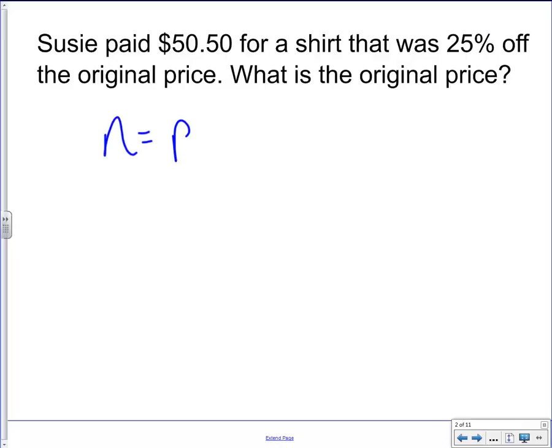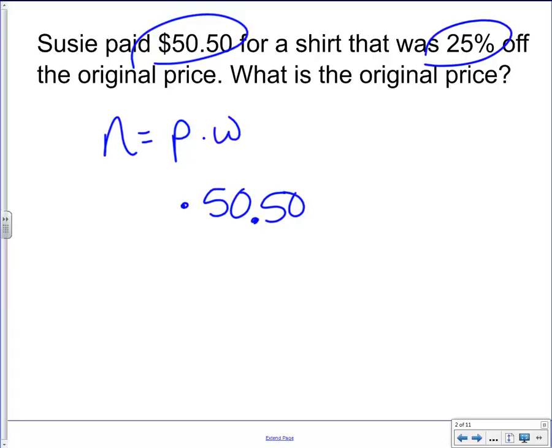N is equal to percent times whole. For this one, what we paid is still my whole, so we're going to plug that in as $50.50. My percent is given to me. I have to change it from 25% to a decimal by moving the decimal place 2 places to the left. And N is what I don't know.